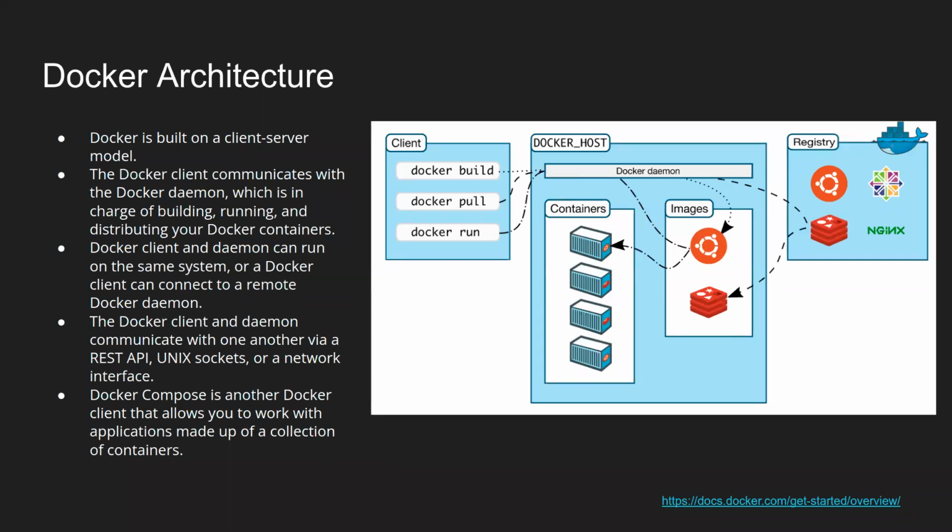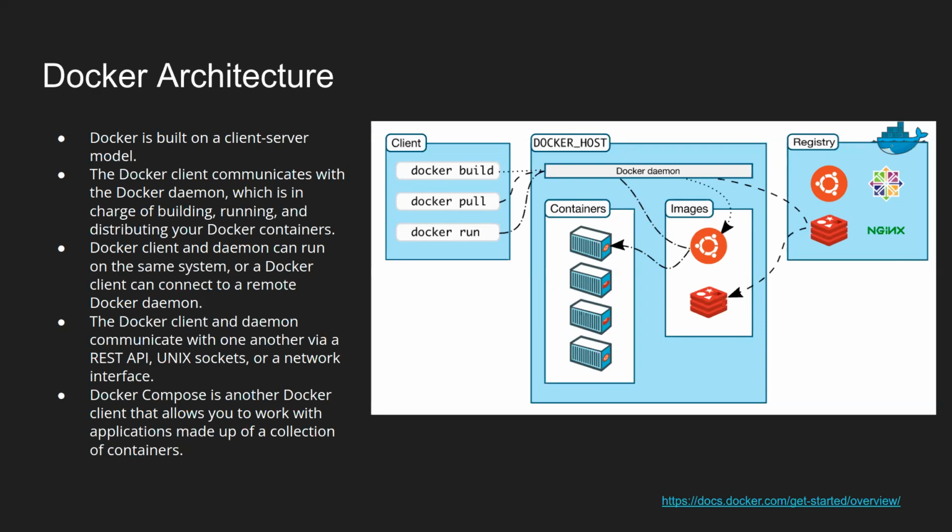And you might be wondering, how does this Docker thing actually work and how is it architected? It's easily divided into 3 things: the client, the host, and in most cases, the registry. Docker itself is built on a client-server model. The Docker client communicates with the Docker daemon in the background, which is used to build and run your images.